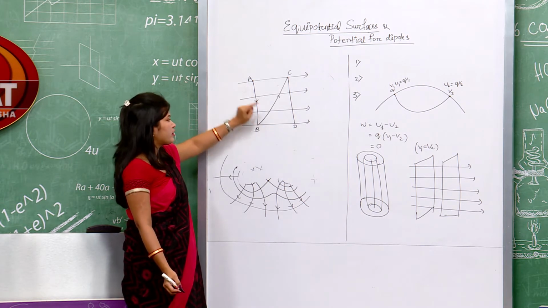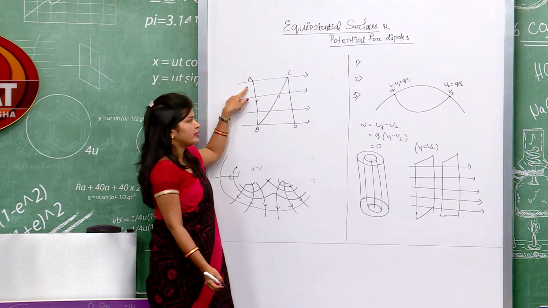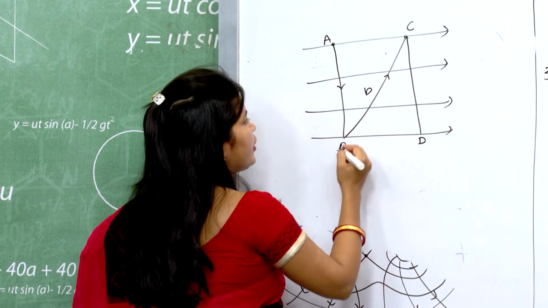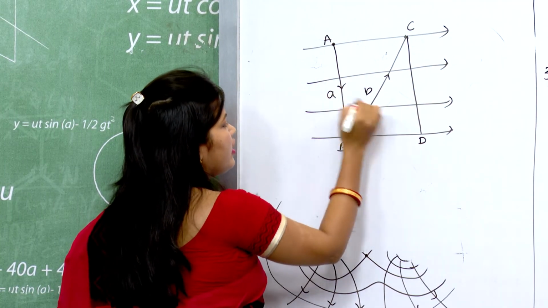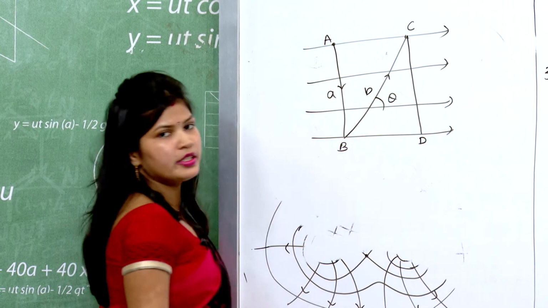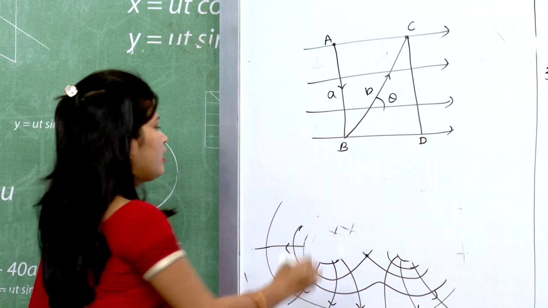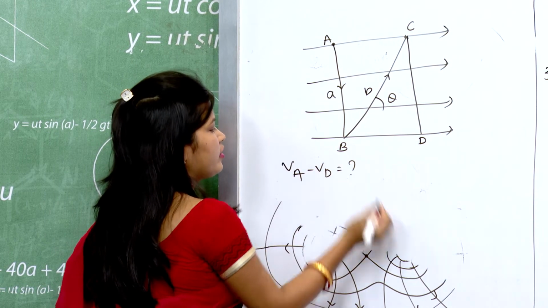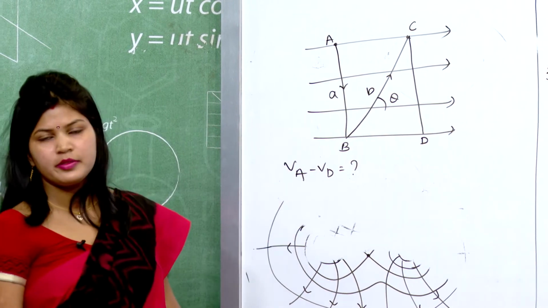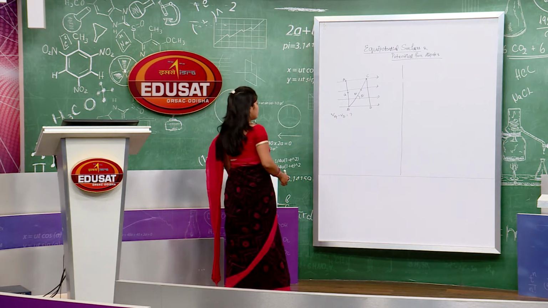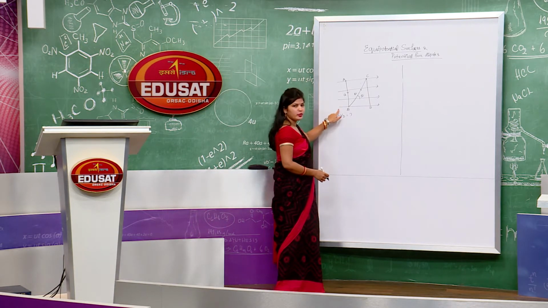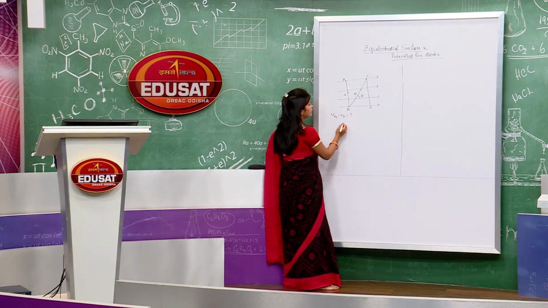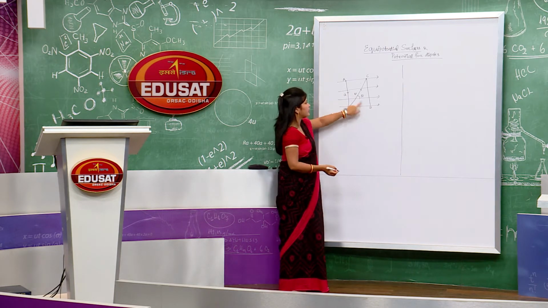This side is B and this side is A, and the angle of elevation is theta. This is given, and you have to find out VA minus VD. We will see later. Now we will solve this problem on equipotential. So, we have to find this potential difference between the two points D and A.